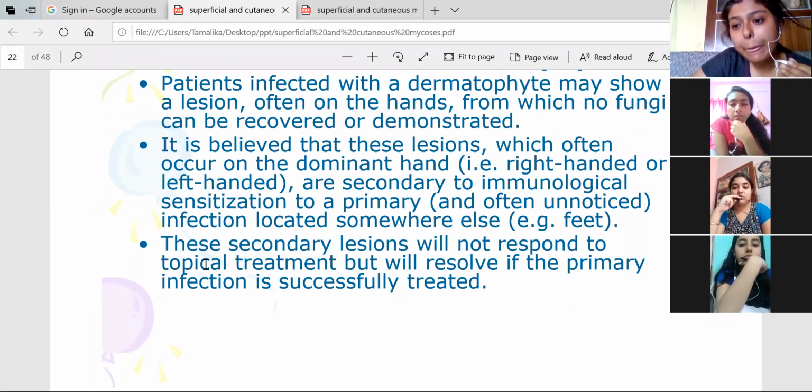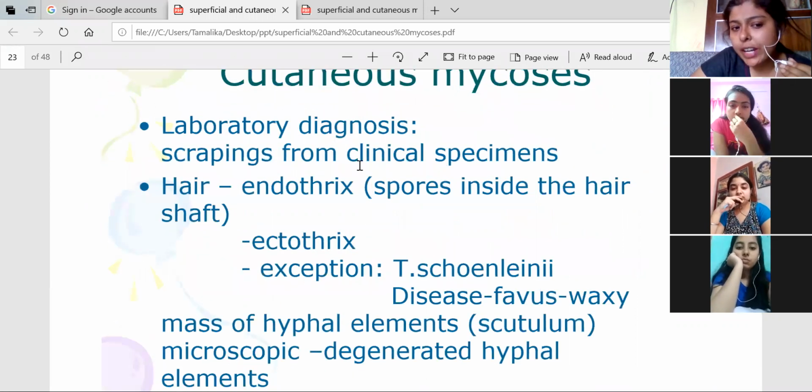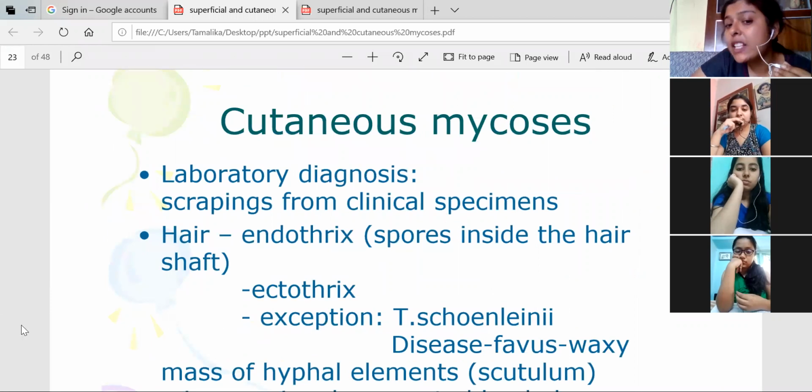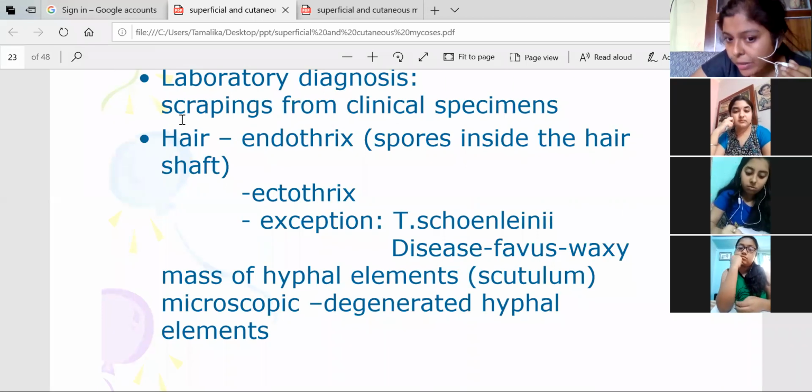Am I clear? Yes, ma'am. So for laboratory diagnosis, you can take scrapings from clinical specimens. Like here, endothrix: spores inside the hair shaft can be taken out. Ectothrix: spores outside the hair shaft.